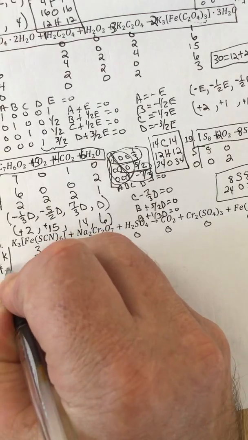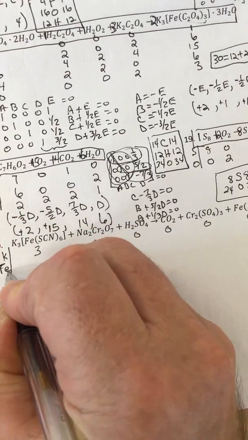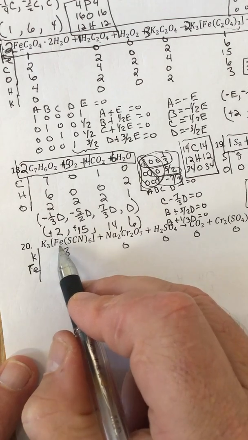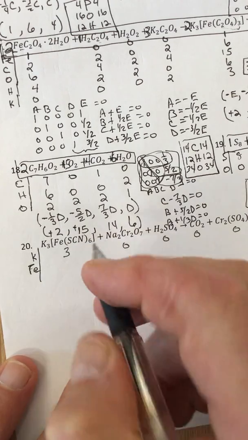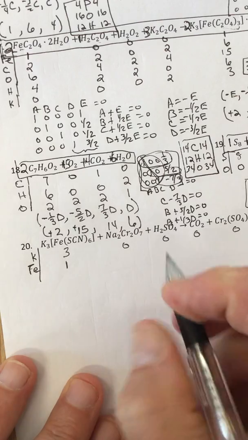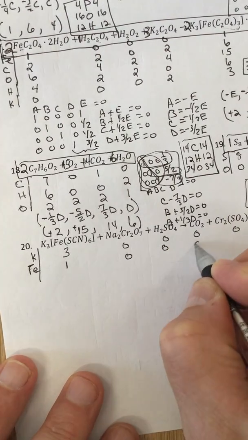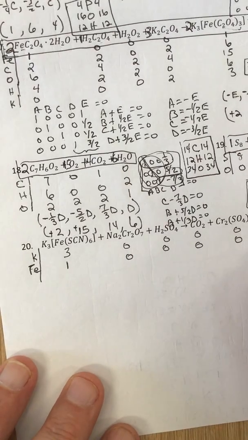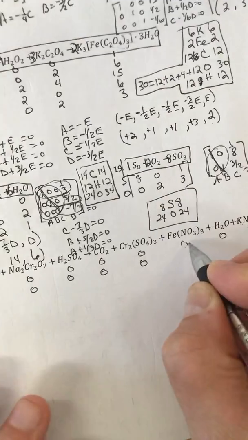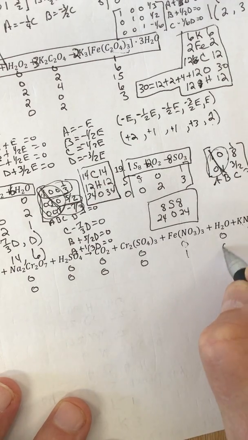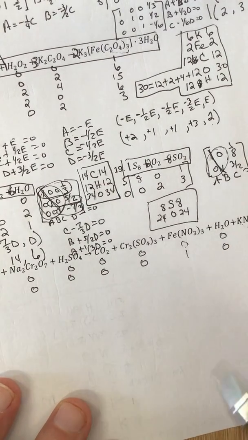Okay, how about Fe? There's 1, that 6 goes to those 3, but not the Fe, so there's only 1, 0, 0, 0, 0. Okay, there's 1. That 3 goes to this piece, so there's only 1, 0, 0, 0.